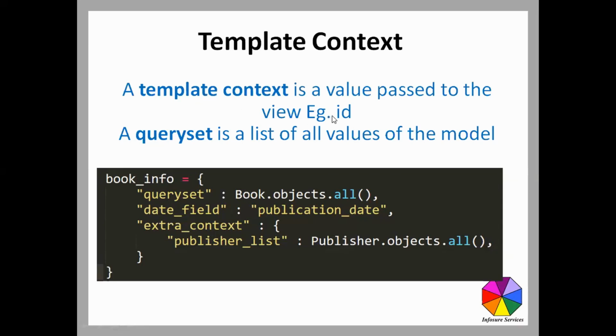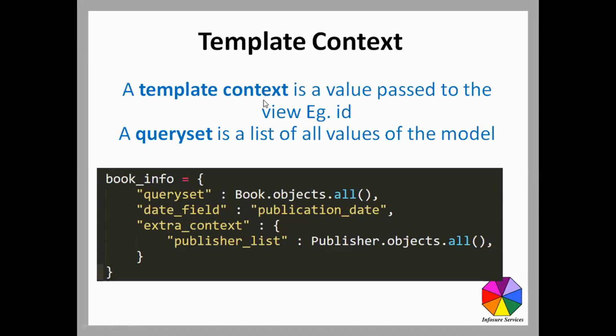Okay, that ID is the context. Now the user has clicked on a particular block. What should be the next action? You want to read the contents of that block. So that ID is passed in as the context.